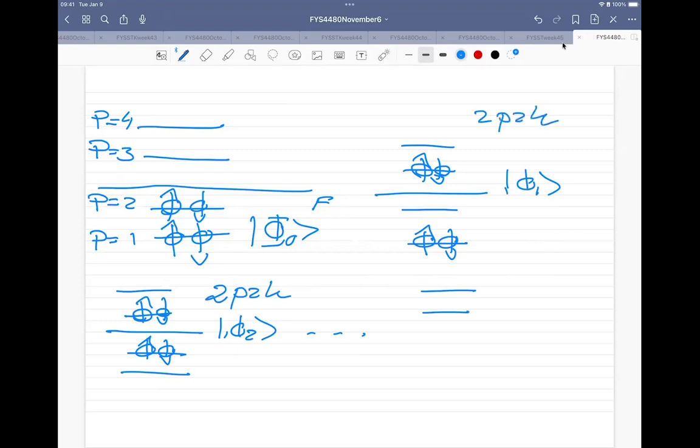So I'm not going to give you everything in a midterm because I want you to figure out which are the other ones, but that's pretty obvious when you do just the combinatorics here. And then the final one is a state which is going to look like this. And this is going to be a 4 particle, 4 hole state. And we are going to label this as a phi of phi.